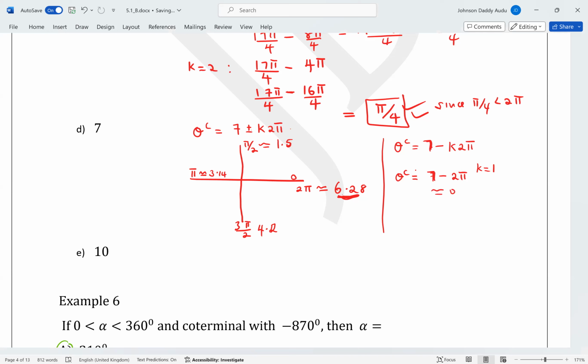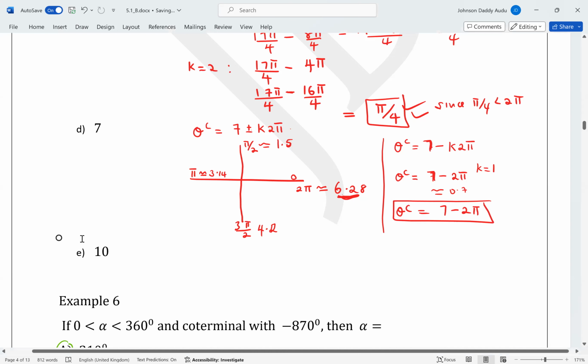So this is approximately 0.7. And this number is less than what? 2 pi. So we're fine. So our final answer, coterminal, is just 7 minus 2 pi. Okay.